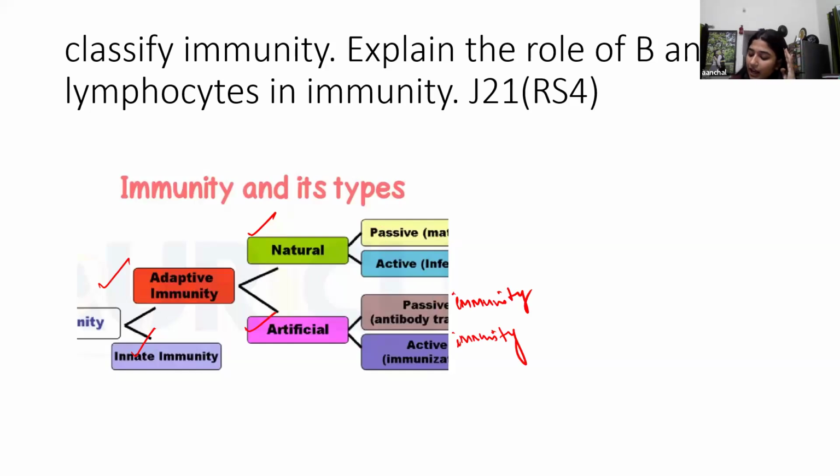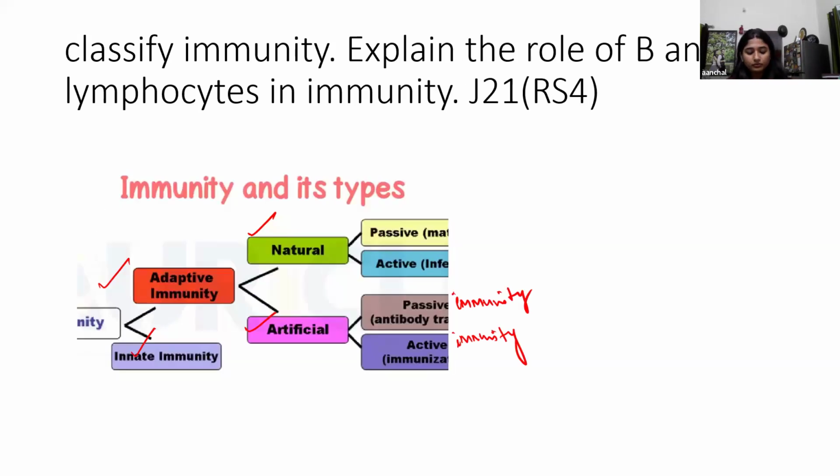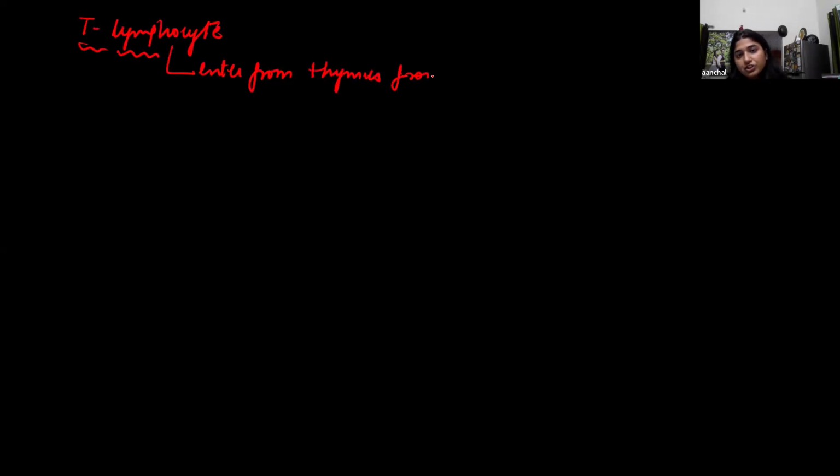Now the next question we're going to discuss is the role of B lymphocytes and T lymphocytes, which is an important thing. If we talk about T lymphocytes, they are cells which enter from thymus, from circulation, and are processed into T lymphocytes.